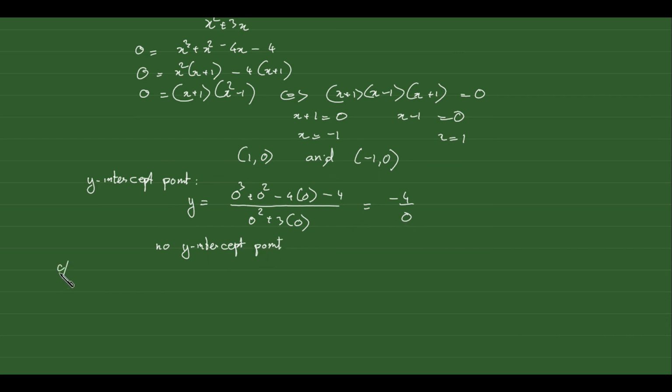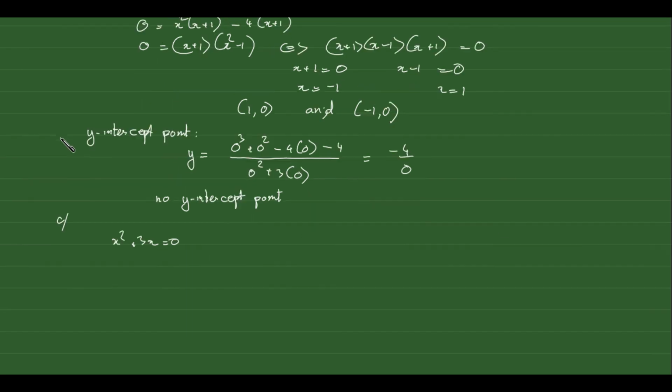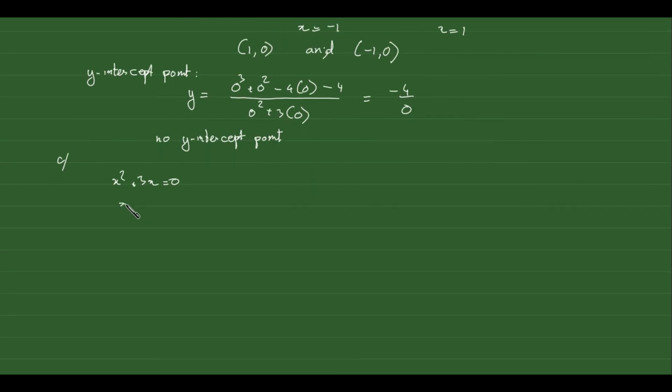Now we're gonna find all the asymptotes. We already set the denominator, so let's find the vertical asymptotes first. So x equals 0 and x equals -3 are the vertical asymptotes. Do we have a horizontal asymptote?